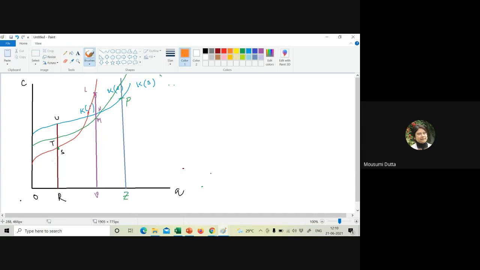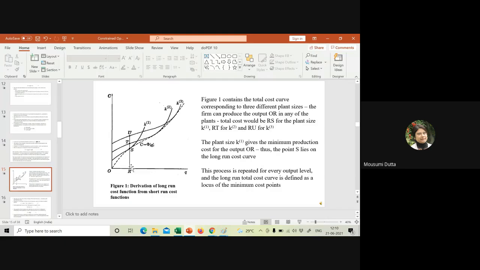So the long run curve can be like this, just look at the diagram I'll draw. That will not be a good one. So please go back to the slide and we check the thing, this will be like this, the dotted line.